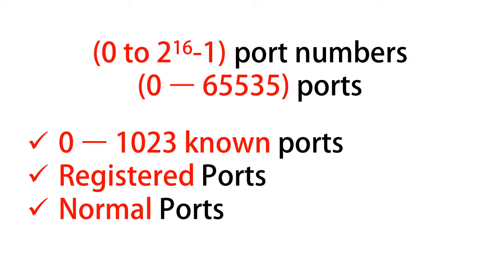There are 0 to 2 to the power 16 minus 1 port numbers available, that is 0 to 65,535 ports. Out of those, 0 to 1023 are well-known ports, and apart from those there are some registered port numbers, and the rest are used as normal port numbers which we may use in our computers.